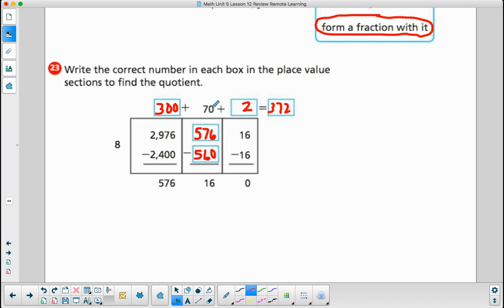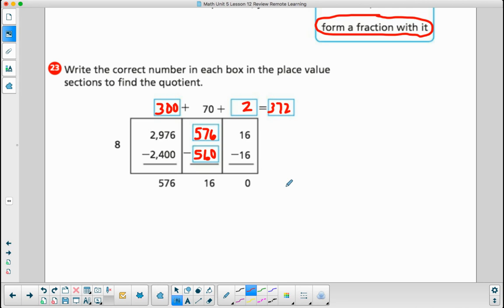There's 7 tens in there. 7 tens multiplied by 8 was 560. I have 16 ones left. How many eights? How many ones are in there? There's 2. 2 times 8 is 16 with nothing left.